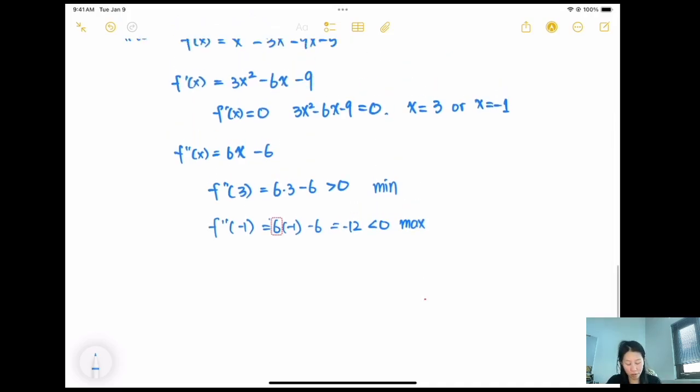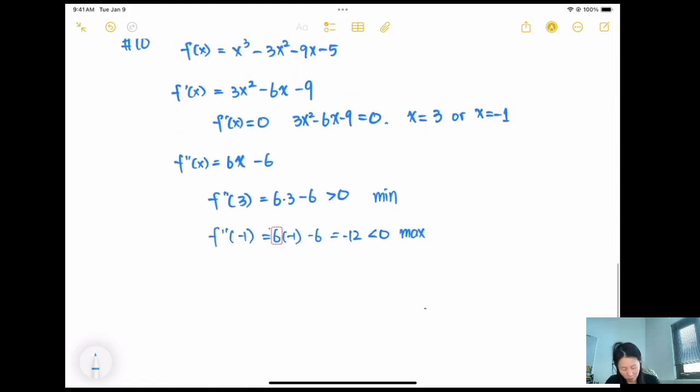Now we need to find the value of the function. I have f of 3 equals 3 cubed minus 3 times 3 squared minus 9 times 3 minus 5, which equals -32.